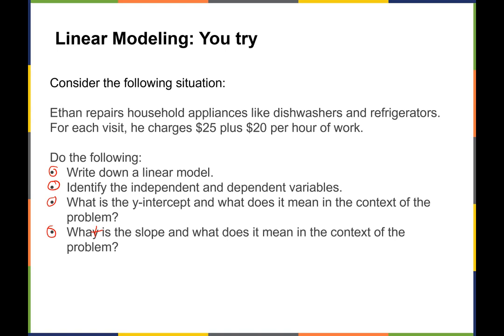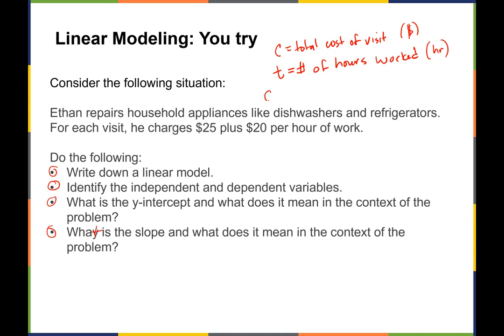All right, are you back? Well, I'm going to use C to be my total cost of his visit. And maybe this time I'll use t to be the number of hours he worked. So I've defined my variables, including the unit. Total cost is going to be in dollars, and number of hours he worked, of course, is going to be in hours.